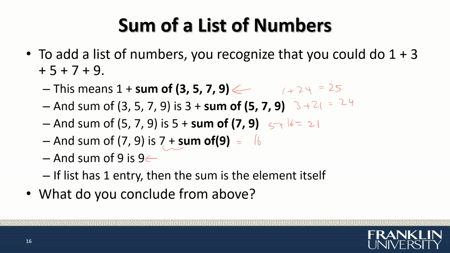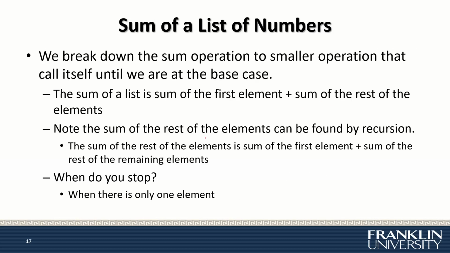So from here, we can break down the sum operation into smaller operations that call itself until we are at the base case. The sum of a list is the sum of the first element plus the sum of the rest of the elements, the rest of the list.